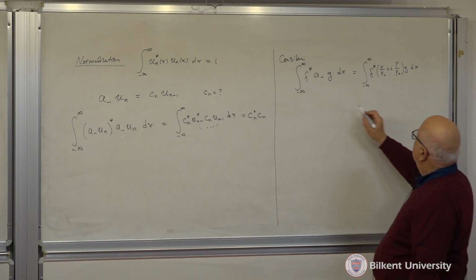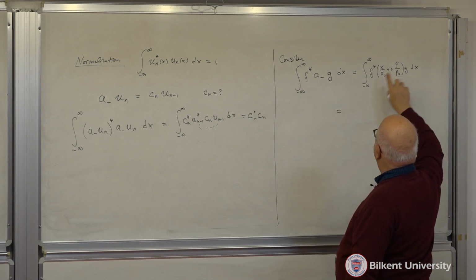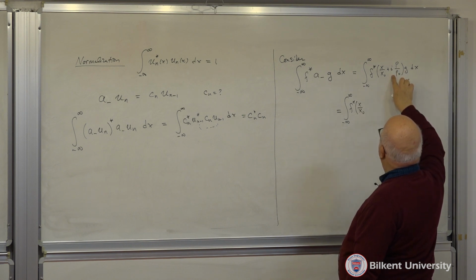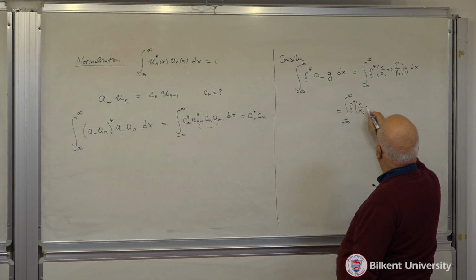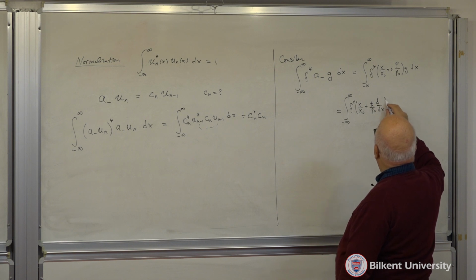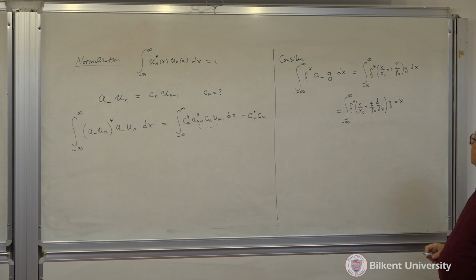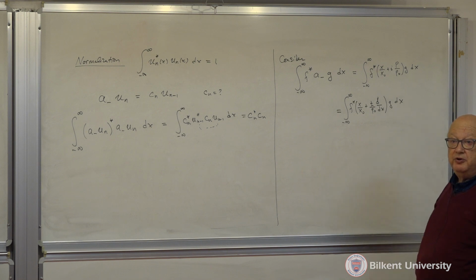Now, let's just expand that piece away. Minus infinity to infinity, f star x over x0. I have an h bar over i there, so it's going to be plus h bar over p0 d dx g dx. Please check my algebra. So h bar over i, the i's have cancelled and I'm left with p0.